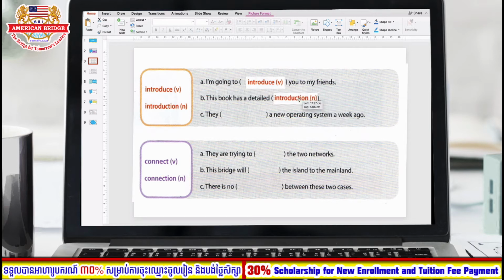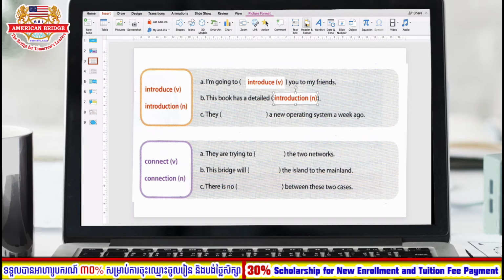Okay, and for the last one, they a new operating system a week ago. For this one, you cannot just drag the word to complete it here. You need to change the verb because they is the subject and we need a verb right here, but the tense that you are going to use is the past tense because they used the words a week ago. So here I'm going to insert a text box.